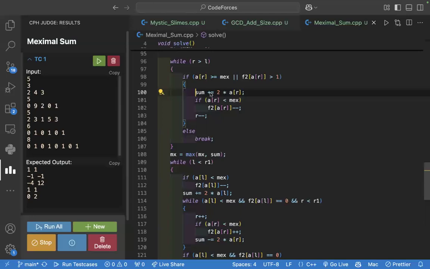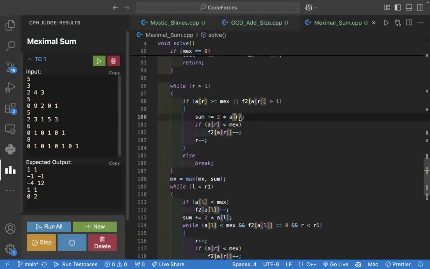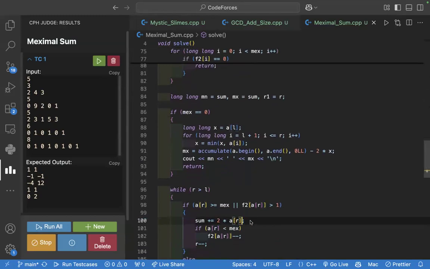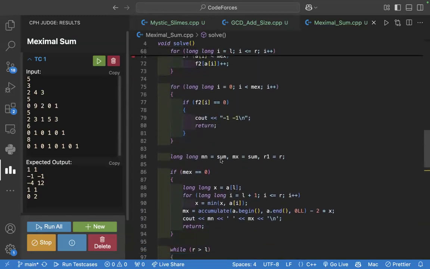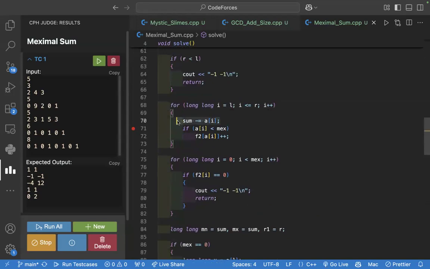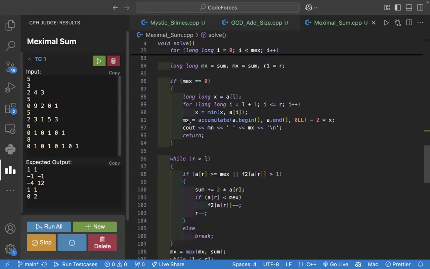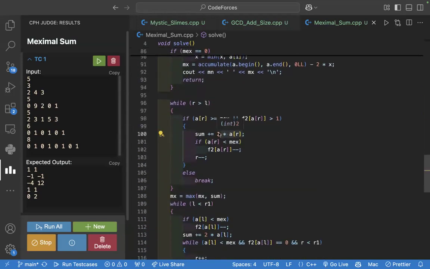I will make my sum plus equal to 2 into a of r. Why 2 into a of r, guys? Why 2 into a of r? Because I had already decremented this number once in this loop. So covering that number once, and then one more occurrence of that number, because I now have added that number to my right half. Is that correct? So 2 times that occurrence.